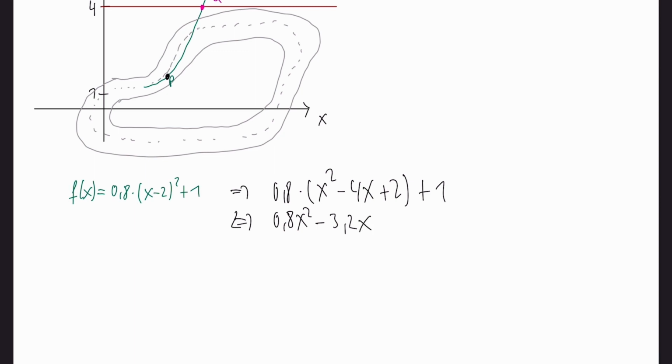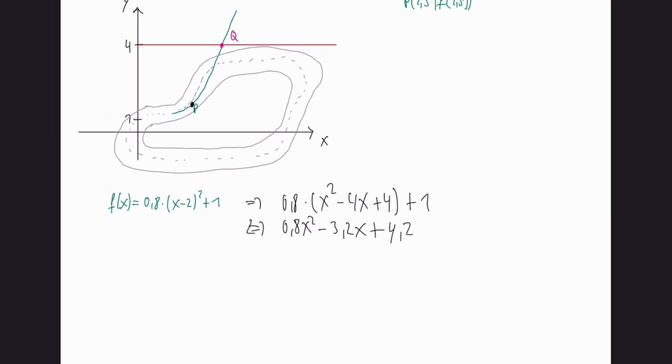Yeah, so then we multiply this out. Now I see it. But you can find the y coordinate very fast, faster than I make it here.